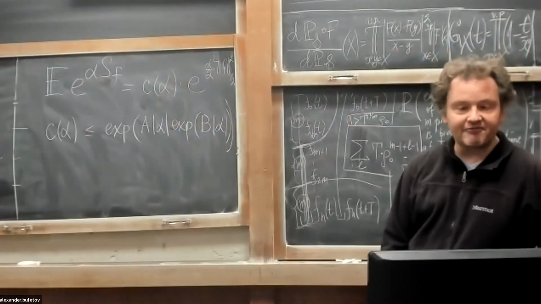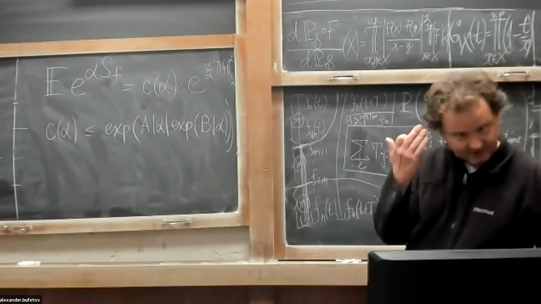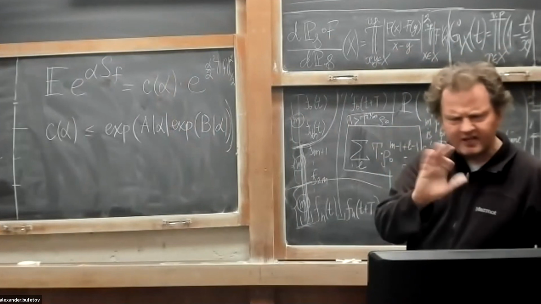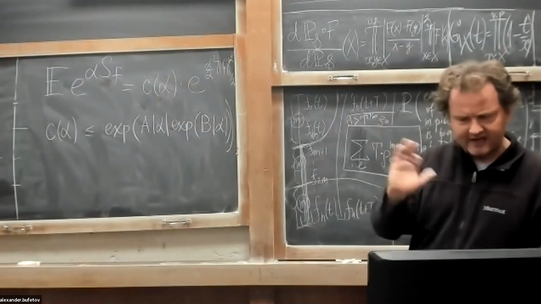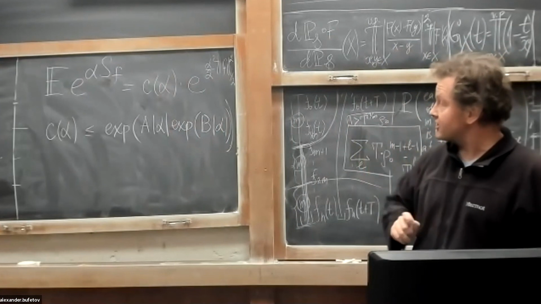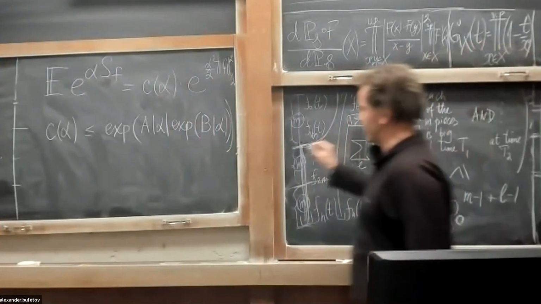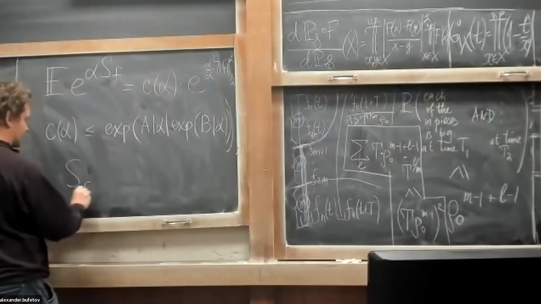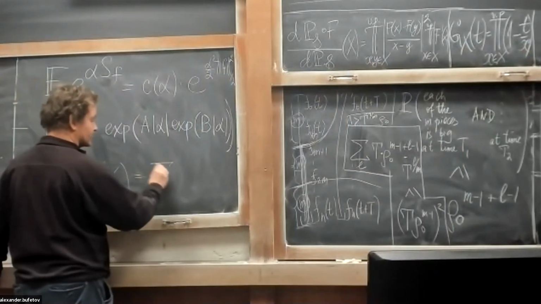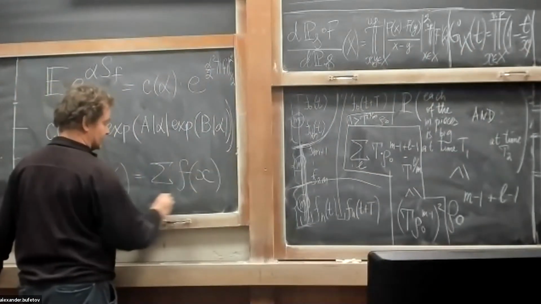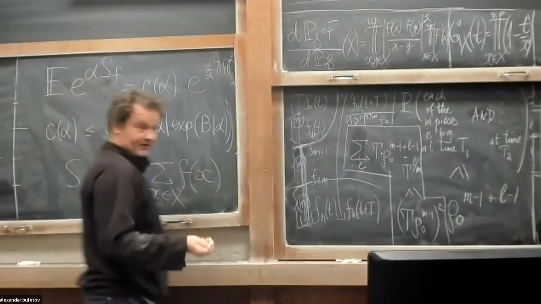If function f is compactly supported, even in finite dimension, let's look at the definition, I erased it. S f is just a sum over particles, yes? So if function f is compactly supported, then it is possible that there are no particles in the support of f.